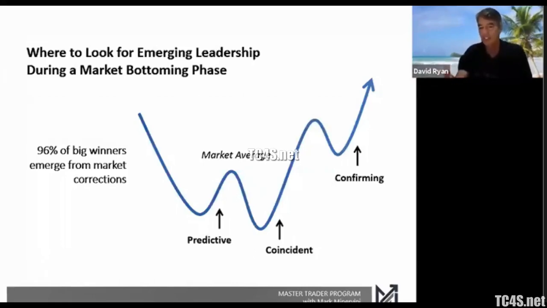But lots of times, as you said, and it depends on how steep and how fast or how long the bear market is, the emerging leadership are breaking into new highs months before the market actually turns. So that's why it's so important to concentrate on what's starting to move, who's got the best relative strength, even as the market is coming down.